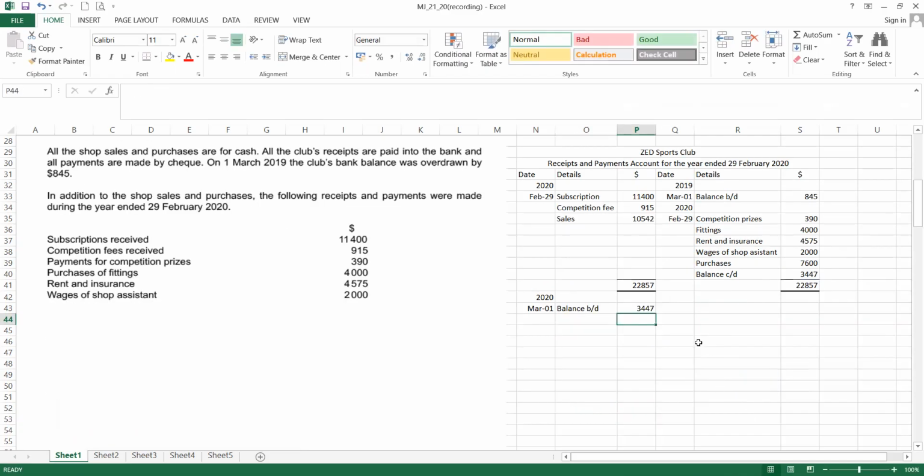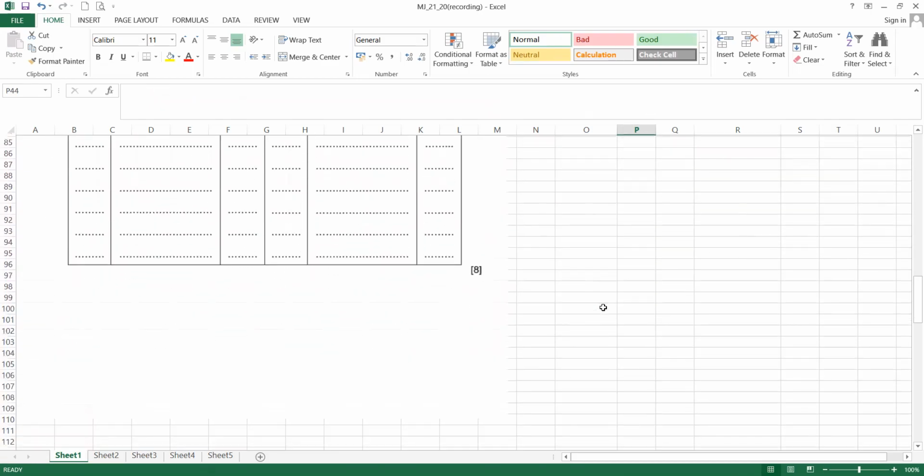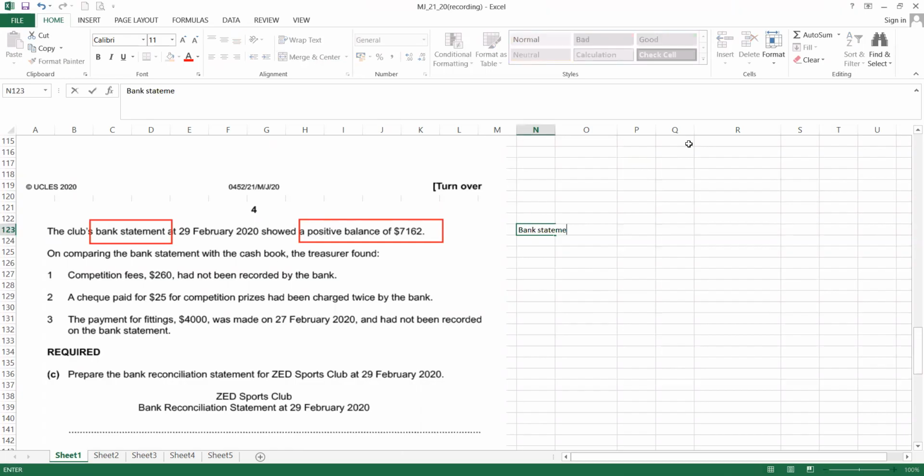Okay, so that is for the receipt and payment account. Next, let's see what else they ask for. Okay, the club bank statement at 29 February 2020 shows a positive balance. When this shows a positive balance, because this is the bank statement, this refers to the bank statement. Okay.